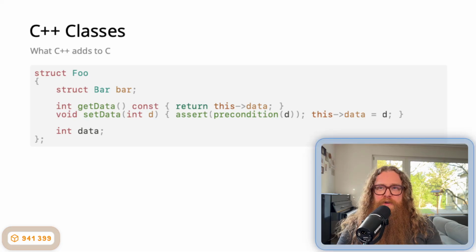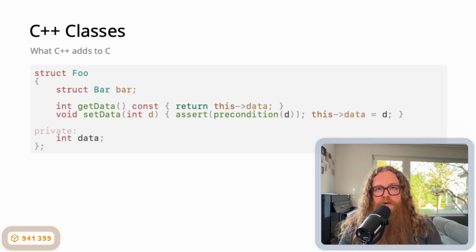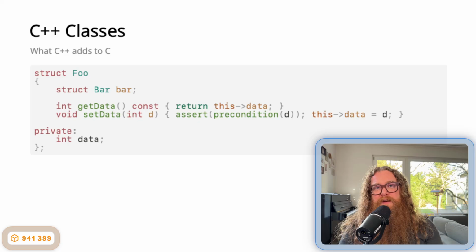The next thing that we add in C++ is the keyword for the access specifier. So we make the access of the data private, which now means the only way to modify that data member is through this setData function, so there's no way around this precondition check here.